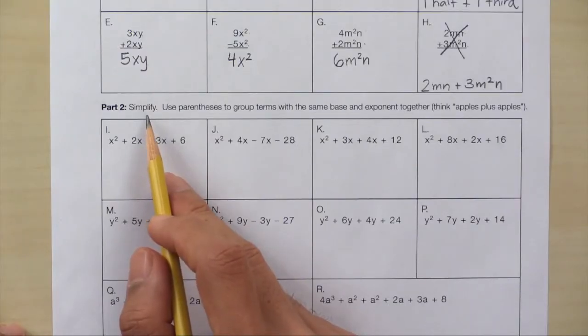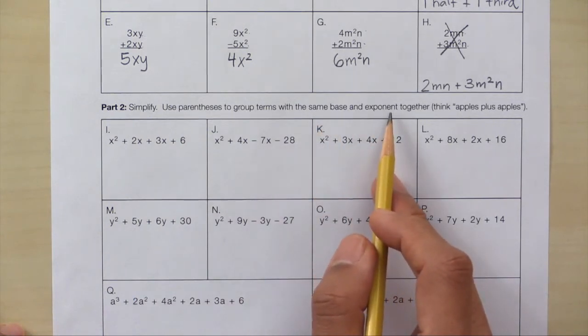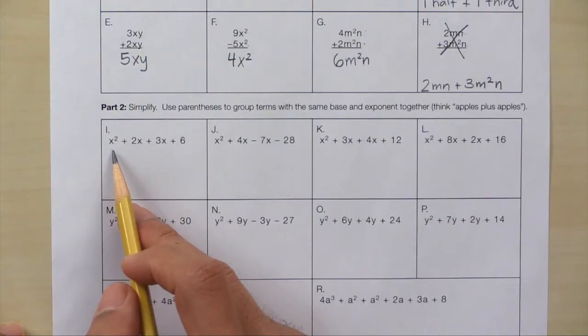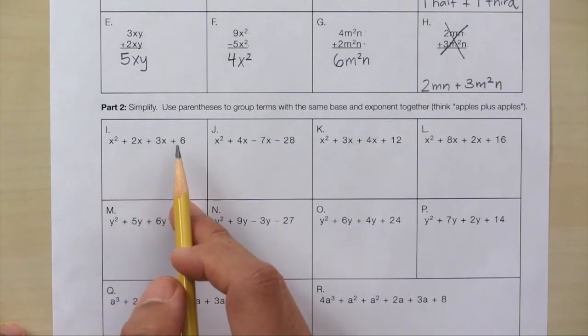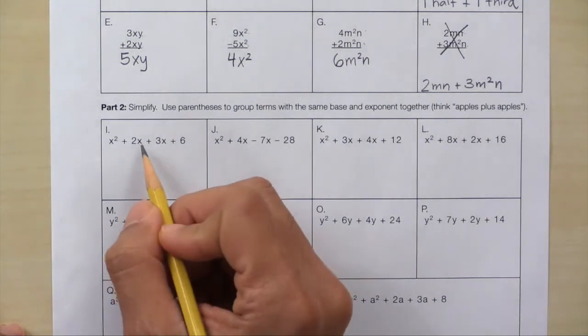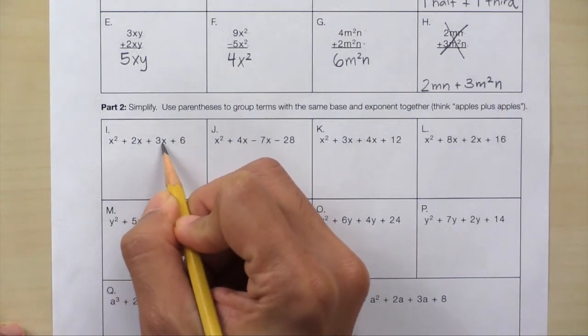Here's part 2. Simplify. Use parentheses to group terms with the same base and exponent together, and just think apples plus apples. Take a look at box I. Here we have x squared plus 2x plus 3x plus 6, and we need to simplify this. We know that we can add x's and x's together, just like we can add apples and apples together.